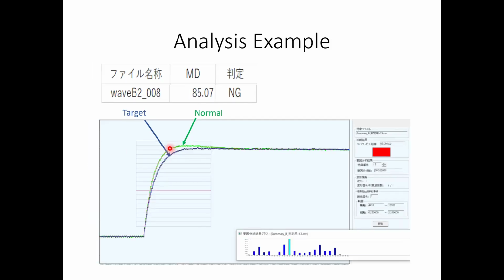This example has MD of 85 and is judged as abnormal. You can see that the rise of the waveform is slow.